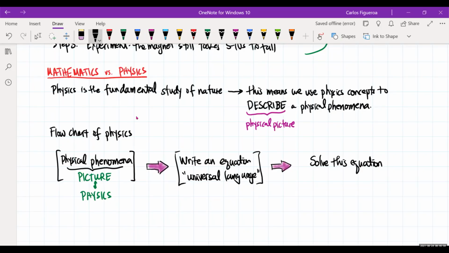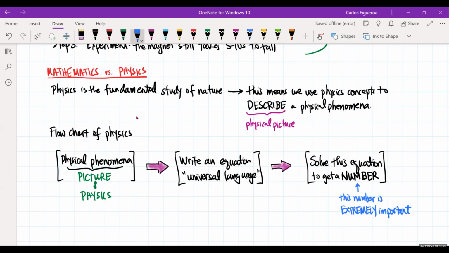And what's super important, we solve this equation to get a number. That number is extremely important.